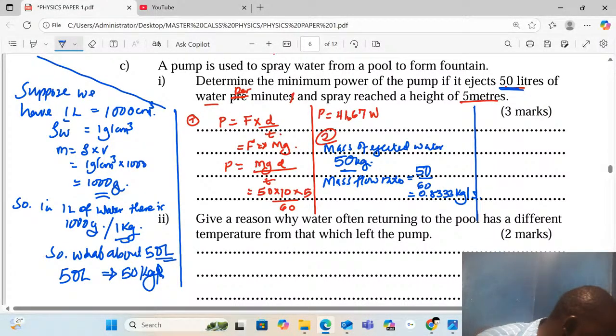So from here, we need to look at the minimum power. Remember, minimum in terms of mgh, because that will be the energy.